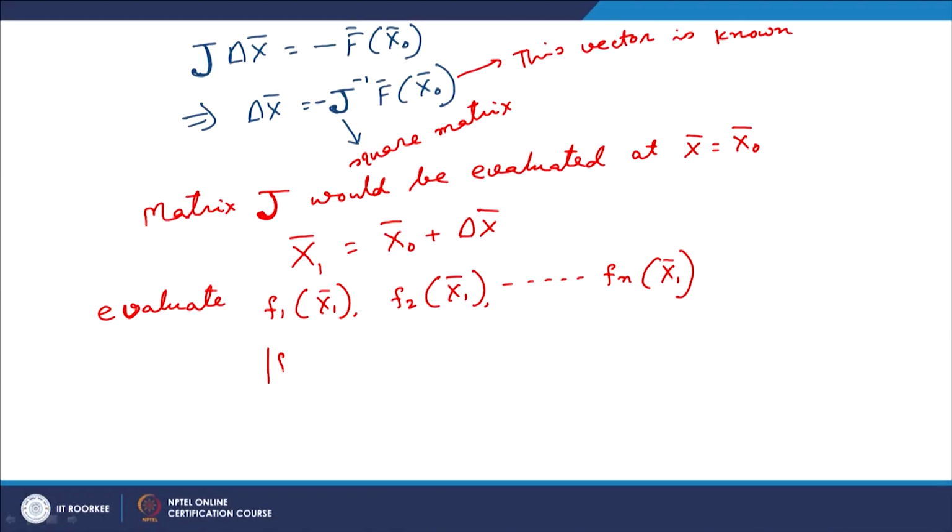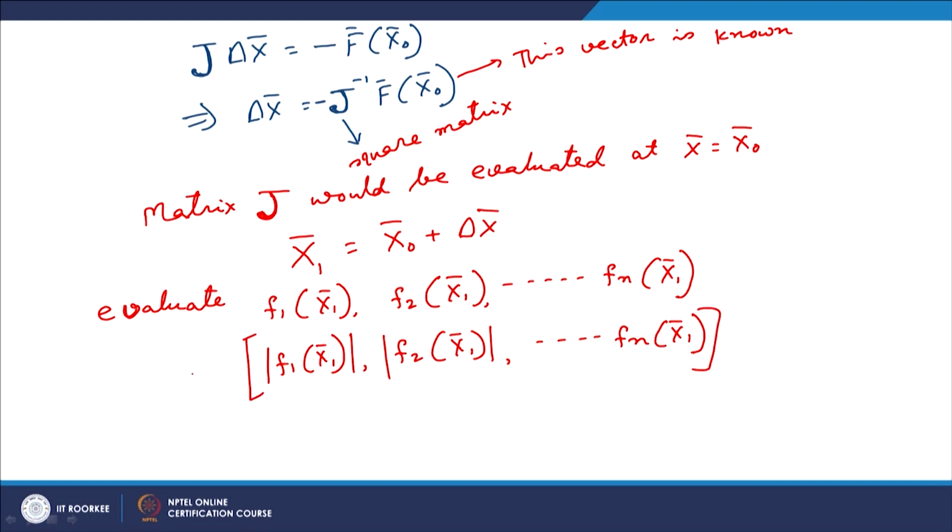So to check whether this x1 is really the true solution or not, what we do is we simply calculate the magnitude of all these quantities, and we take their maximum value.